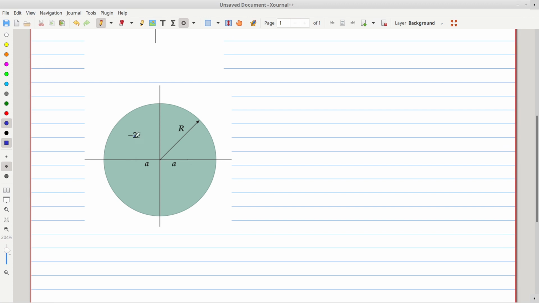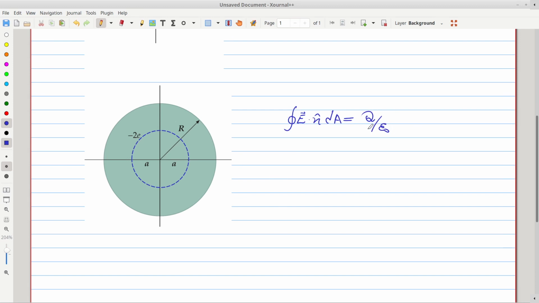So let's do it. So here I have our surface, and we can write that the flux on the surface equals the charge in that surface divided by epsilon 0.